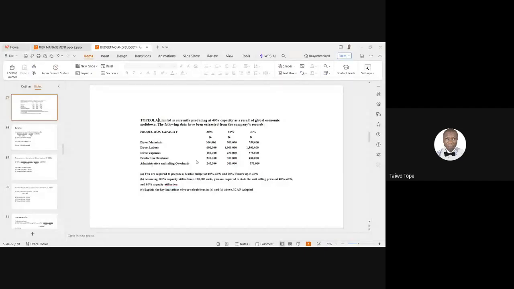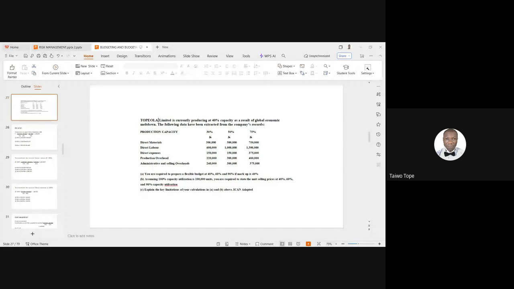Now, for you to know your selling price or your expected revenue, what will you do? Markup is the portion that will make up our profit.